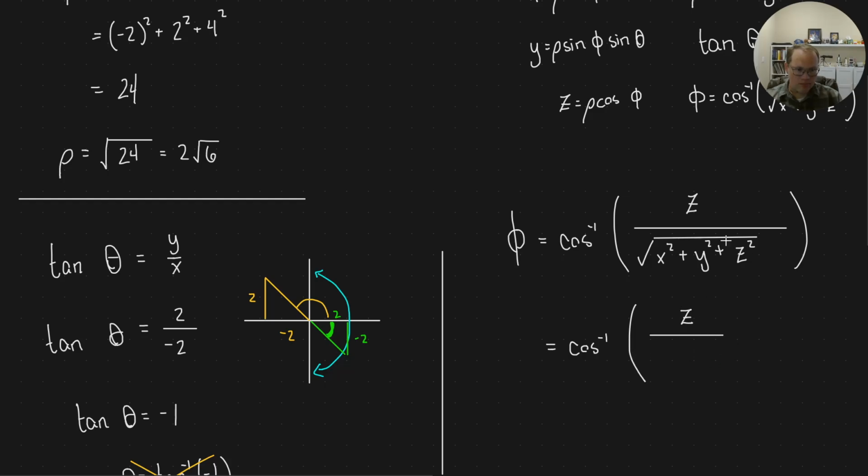And rather than plugging in every x, y, z, I know that square root of x squared plus y squared plus z squared is just rho. I've already found that. So might as well plug that in instead of calculating this again.